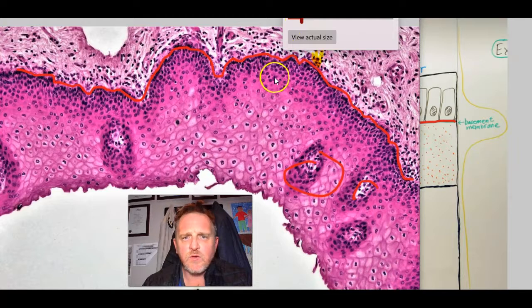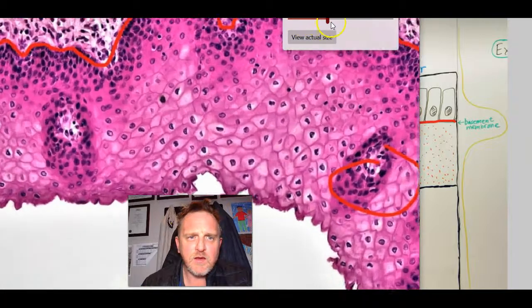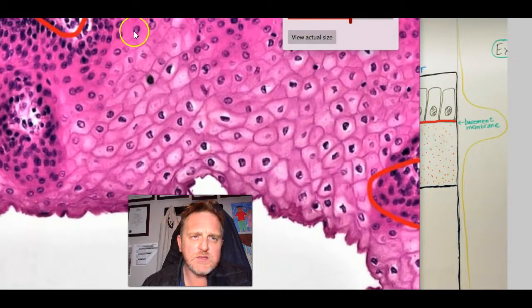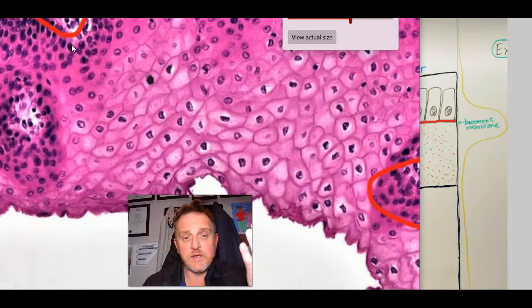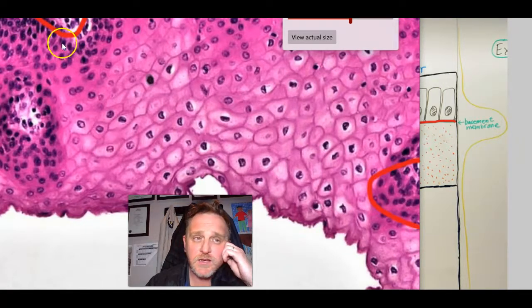These cells are round, and it's difficult to see their cellular border because they are rapidly dividing and maturing at this point. The nuclei are vesicular, and you can see the chromatin pattern, and then in the basal layer they're much more nuclear dense, and we call that hyperchromatic.